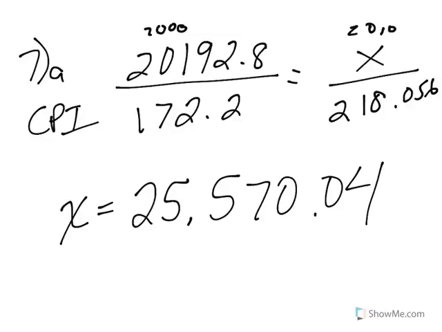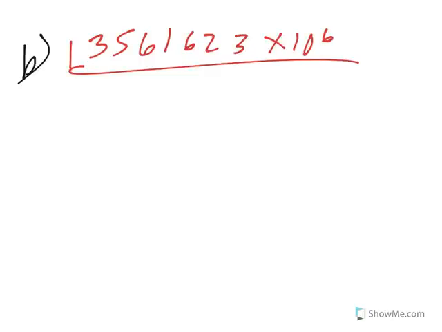Okay, well, when I look at Part B, Part B says the actual federal debt had grown to a larger amount, and the population had grown to 309 million. So in Part B, again, we're finding federal debt per capita. So I'm going to take my 13,561,623 times 10 to the 6th over my population of 309 times 10 to the 6th.